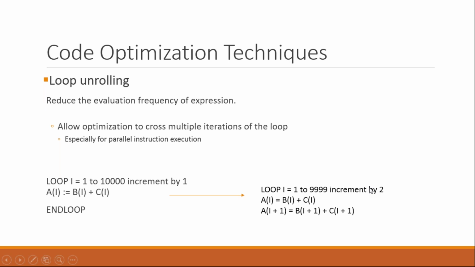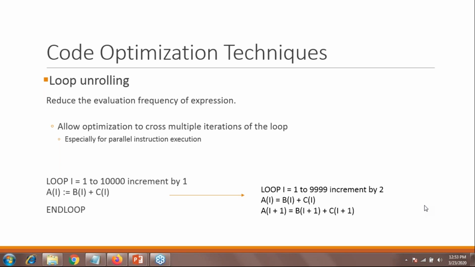So the jump is always by 2. If we start with 1, then the second jump is to 3, then the third time our loop runs with 5, and then the fourth time my for loop runs with 7. Okay, but instead of this, I'll replace my code with something like a of i plus 1 equals b of i plus 1 plus c of i plus 1, right? So, okay, is there any doubt?